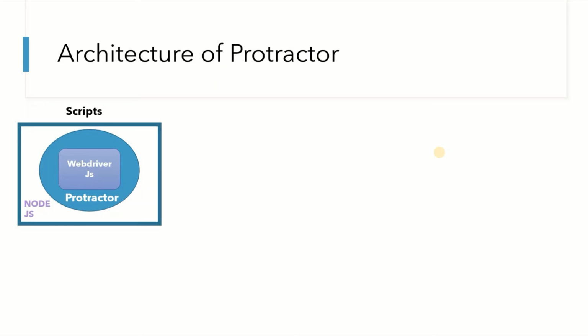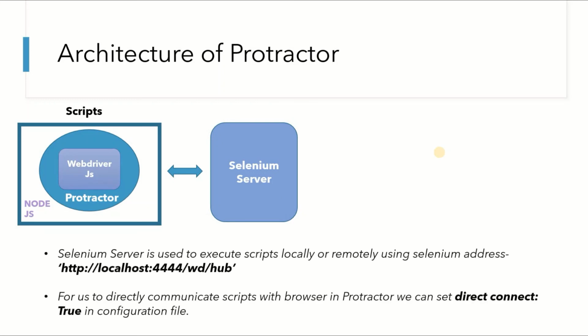So as soon as we start executing the scripts in Protractor, it interacts with Selenium server. Right? Selenium server is used to execute the scripts locally or remotely. So Selenium server exposes a port 4444 for the browser to execute the scripts. So guys, Selenium server interacts with the browser drivers that we have.